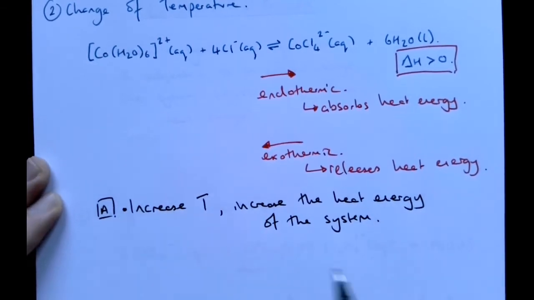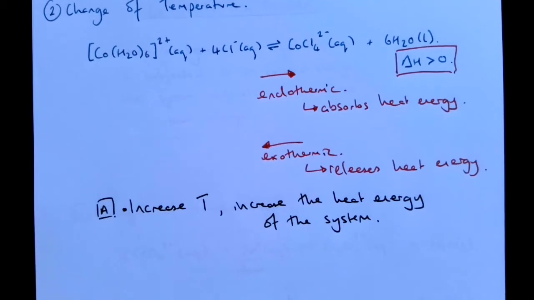So what will the equilibrium want to do? It will want to move in order to minimize that increase of heat energy in the system. So the heat energy in the system is increasing, so the reaction wants to absorb some of that heat energy to minimize the increase in heat energy.